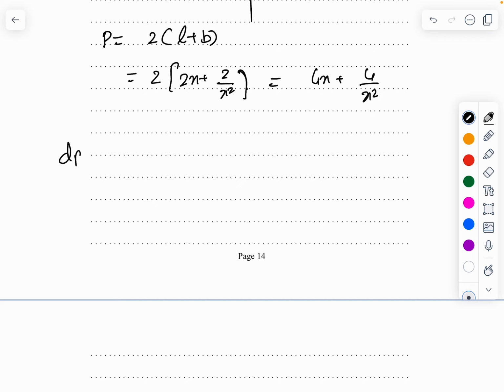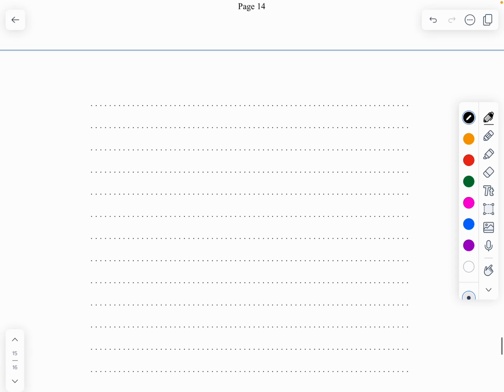So dP upon dx is 4 minus 8 x to the power of minus 3. This should equal 0. So 4 minus 8 upon x cube equals 0. 4 equals 8 upon x cube, x cube equals 2, x equals cube root of 2.